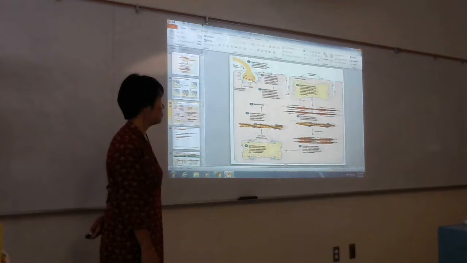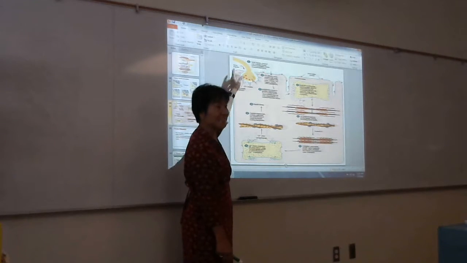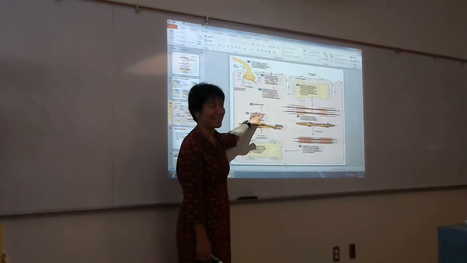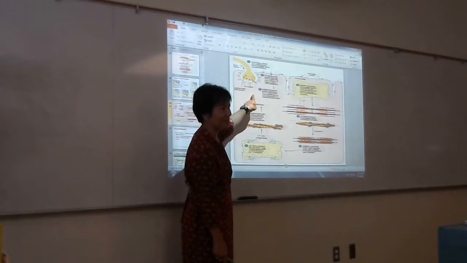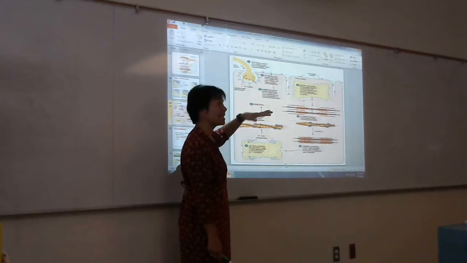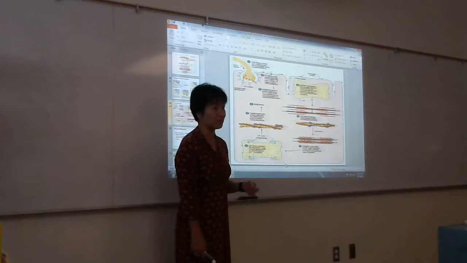Let's review. Look at the first thing that happens, the excitation contraction coupling, right? So the nerve will stimulate the muscle, right? By the way, our next chapter, or the next body system we're going to study, is the nervous system.